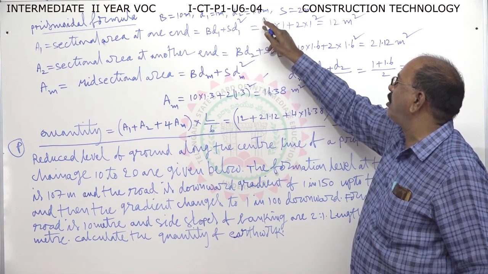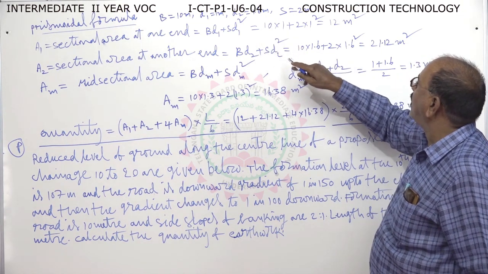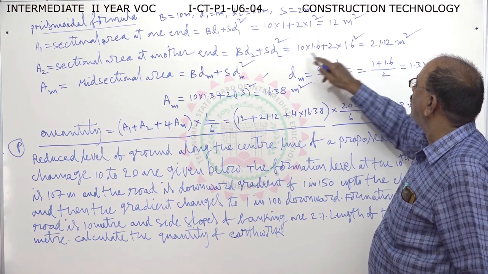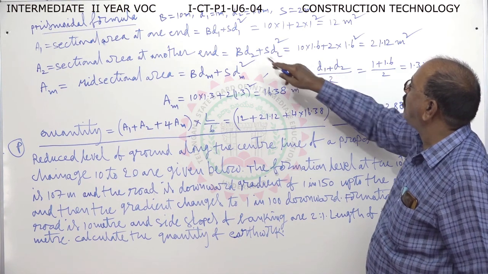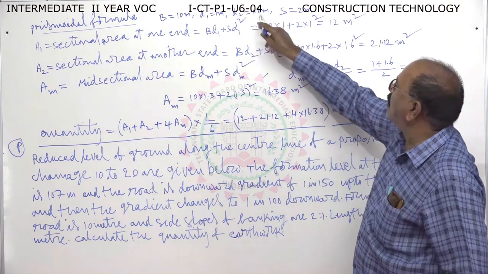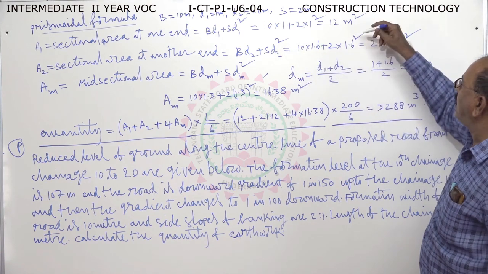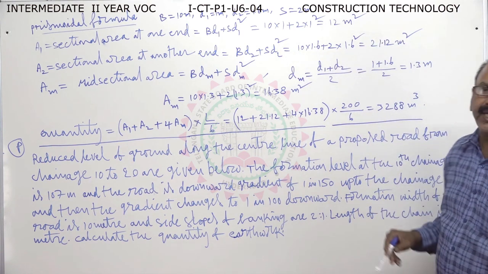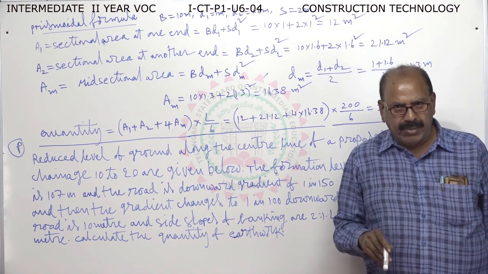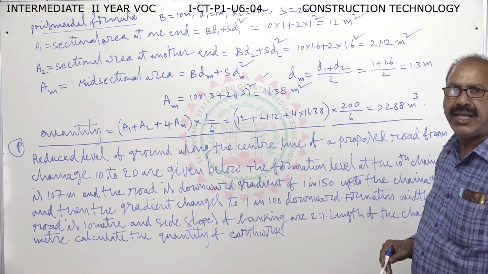In the place of D2, substitute 1.6 plus S. S is equal to side slope. That is equal to 2 meters given here. So S is equal to 2 into D2. In the place of D2, where is D2 given? Yes, here. D2 is equal to 1.6. So in the place of D2, substitute 1.6. Because square is here, here also you put square. So after simplification in the scientific calculator, you will get 21.12 meters square.